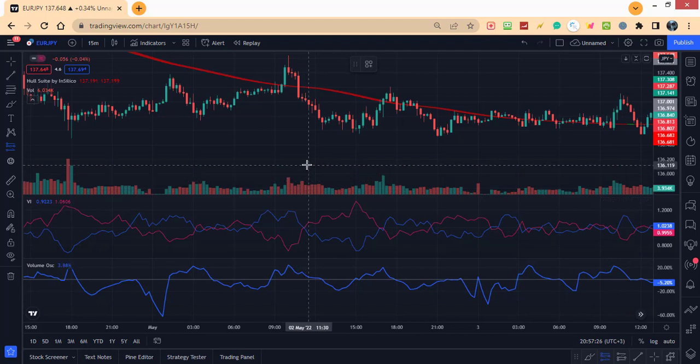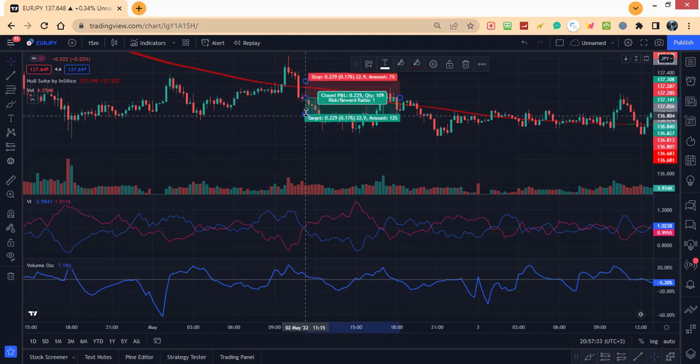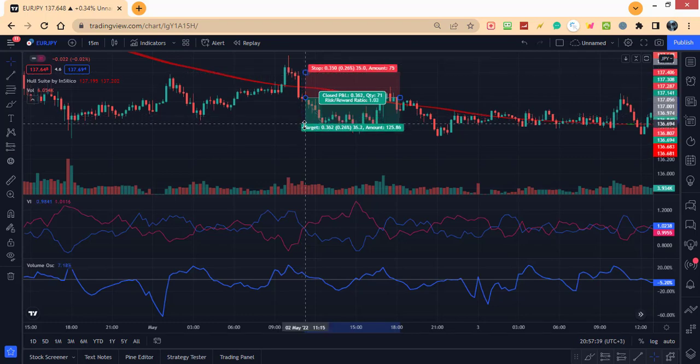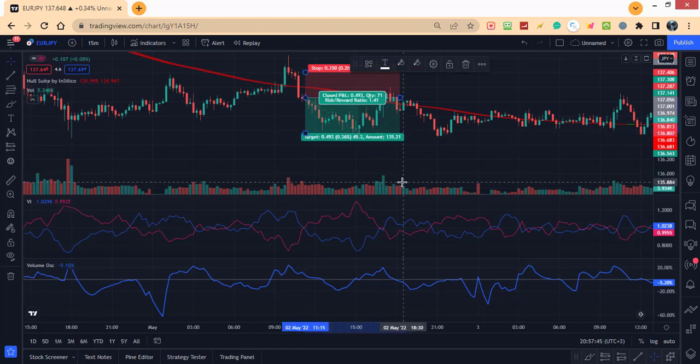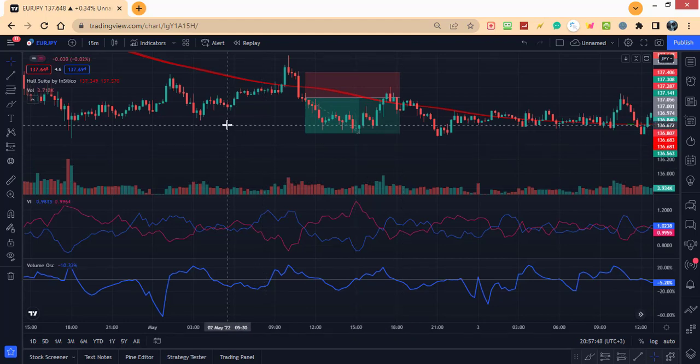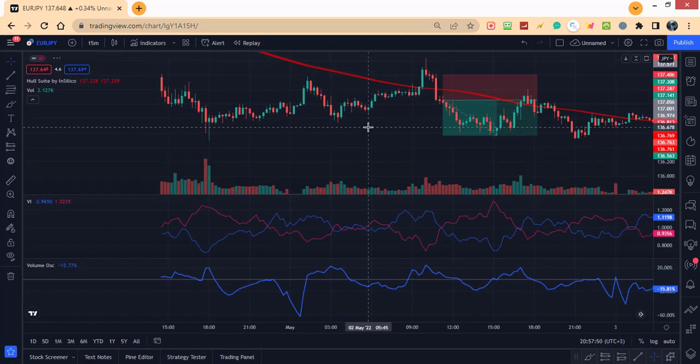So here, see. In the selling case, you will only enter into the trade when the candles are below Hull Suite. And here you can see the Vortex is showing a new crossover, and also the volume oscillator is above the zero line. So you can see this is also a beautiful trade, more than 1.5 risk to reward ratio.